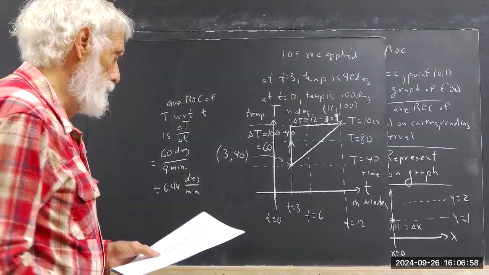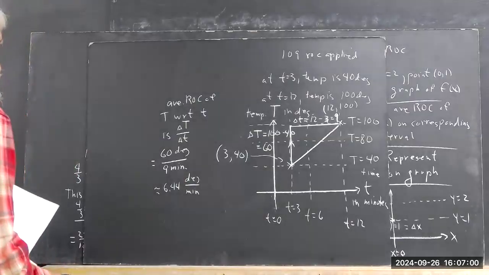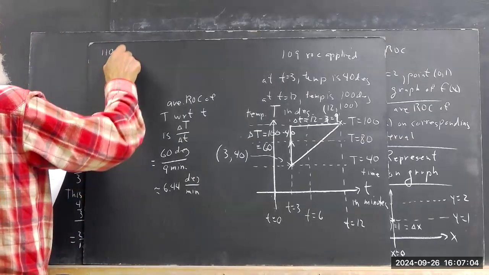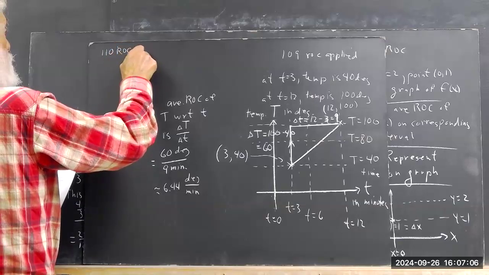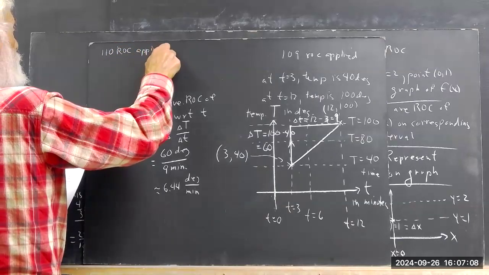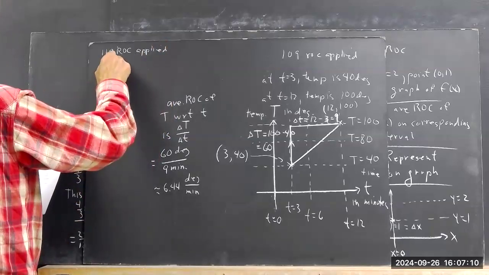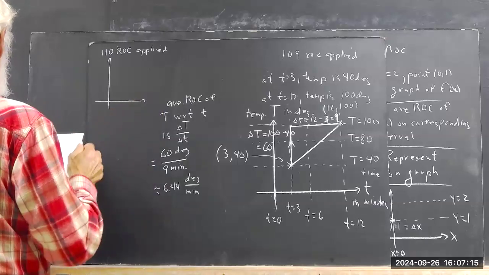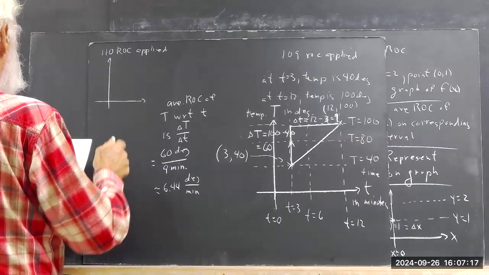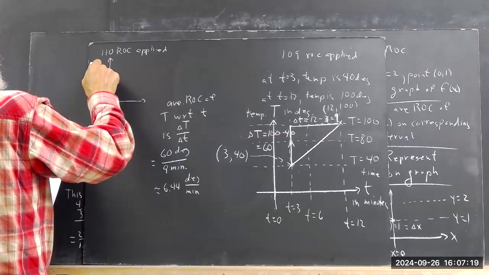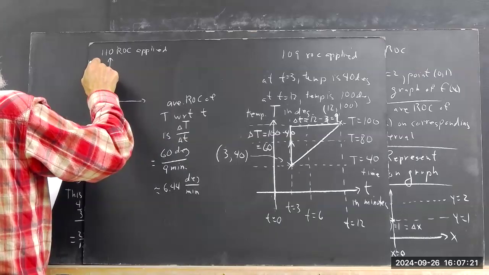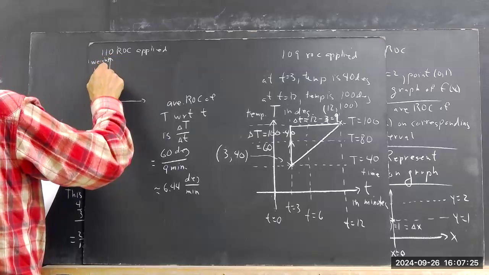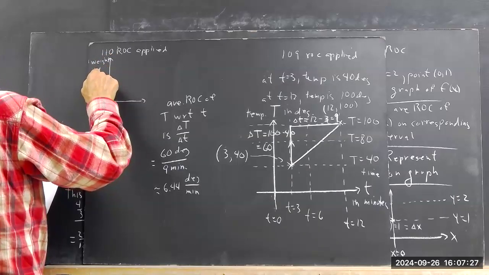Now on the number 110, which is also rate of change applied. I'm just going to draw a picture. So the picture is weight, capital W in pounds.